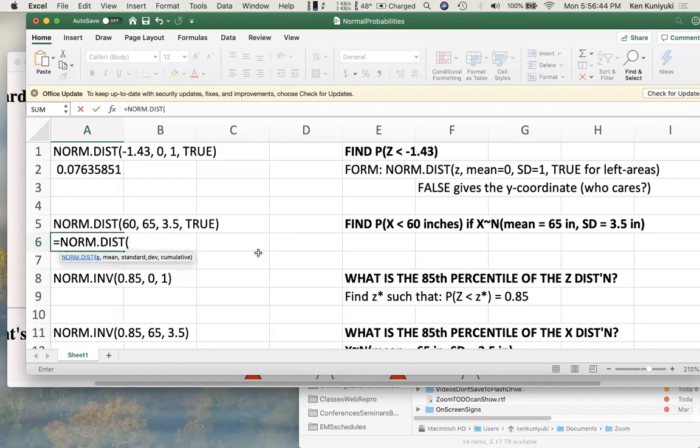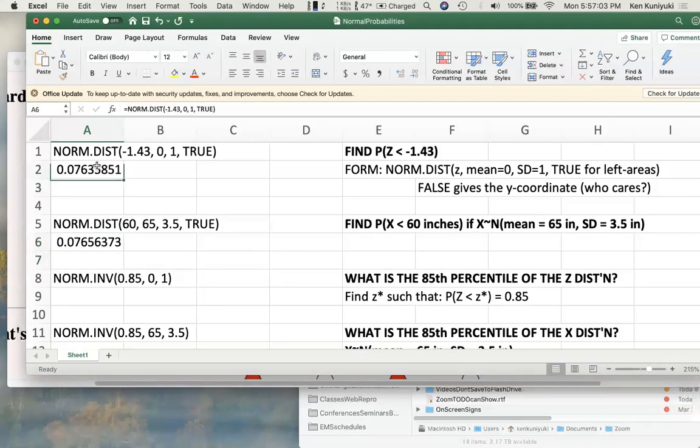What is the left tail probability for X equals 60 inches if the mean of the distribution was 65 inches and the standard dev was 3.5 inches? Again, since we have consistent units, we don't have to put units in Excel. We want the cumulative probability. It's the same as what we got from before, about 0.076.